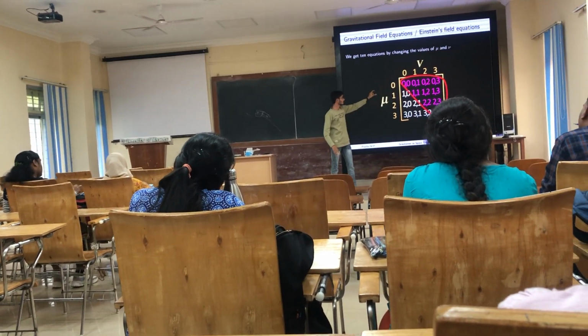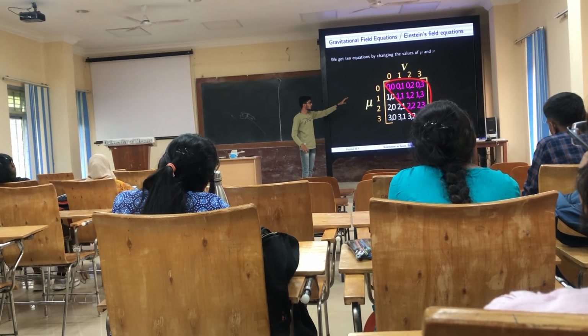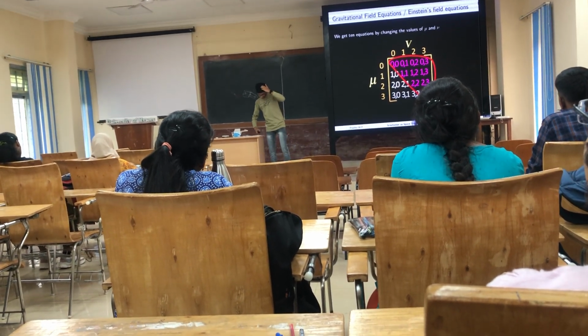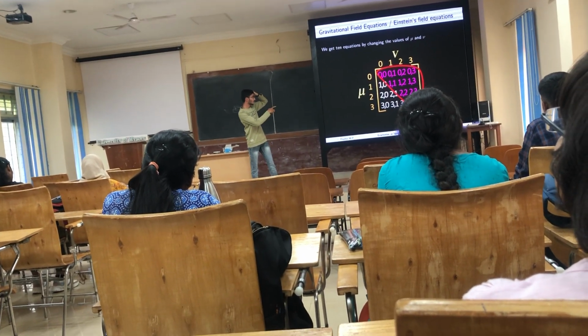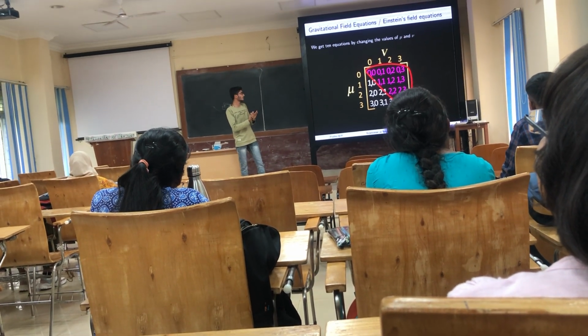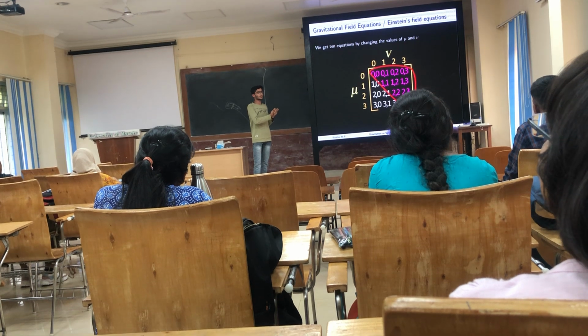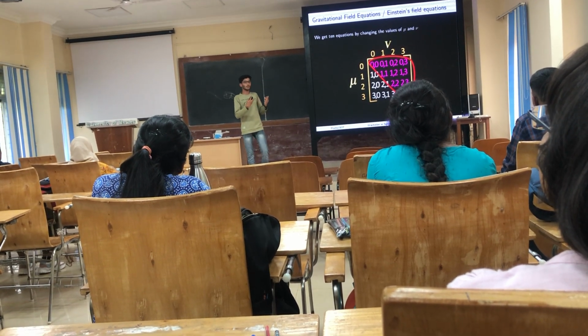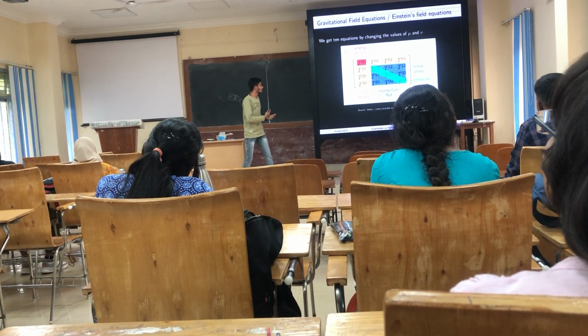So for mu equal to 0, 0 it is different, 0, 1 different. So you can see videos related to that, because it is not easy; even Einstein took many years to explain this. Even Einstein took help from many to explain these 10 equations.